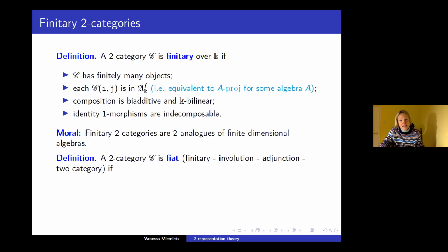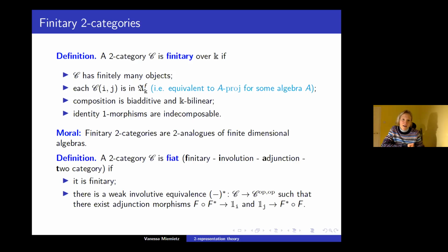So a 2-category is fiat if it's finitary, and moreover, we have some involution that takes adjoints, morally speaking, but it's supposed to be involutive.